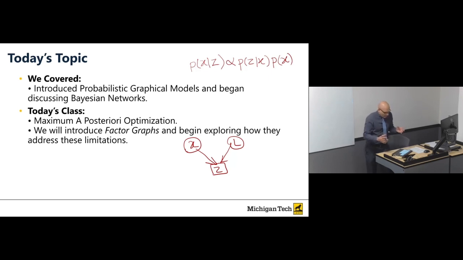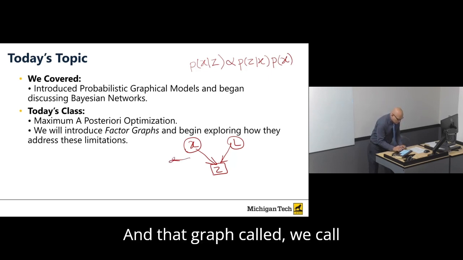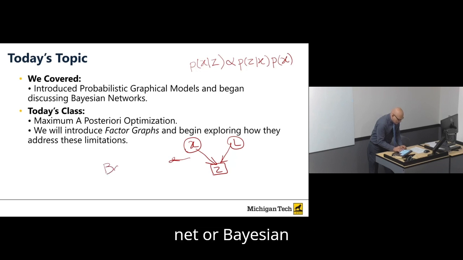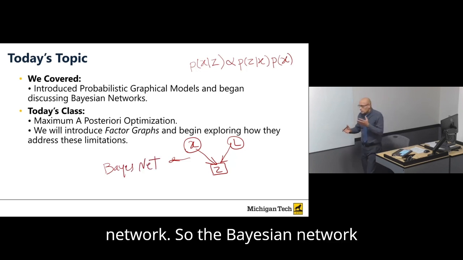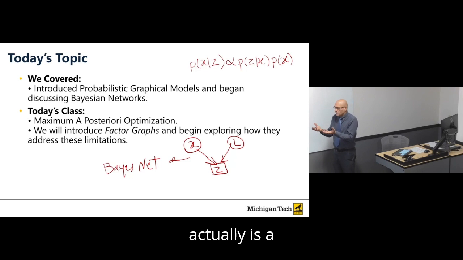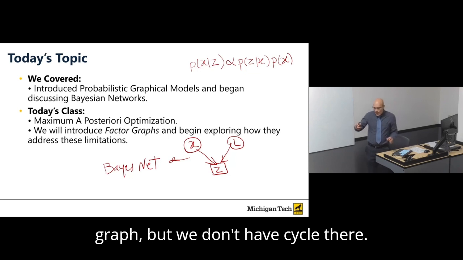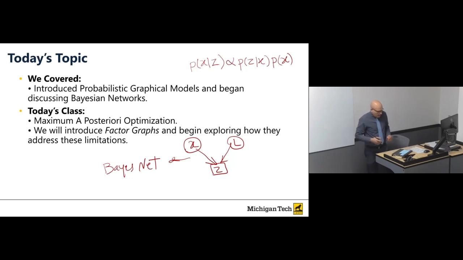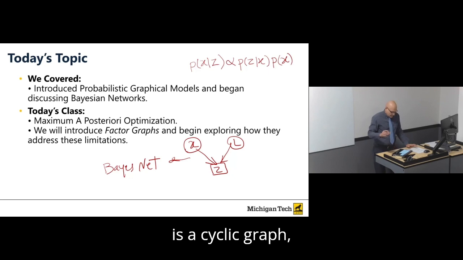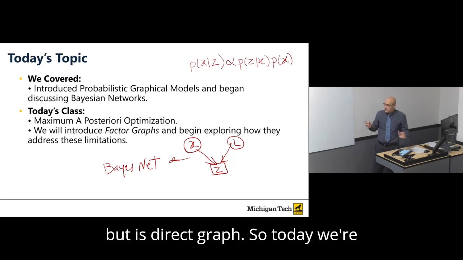That graph we call Bayesian or BayesNet or Bayesian network. So the Bayesian network actually is a graph, a directed graph, but we don't have cycles there. It is an acyclic graph, but it's a directed graph.